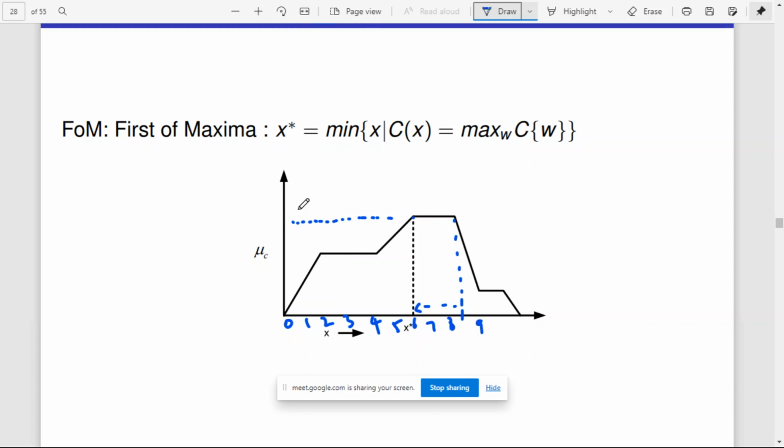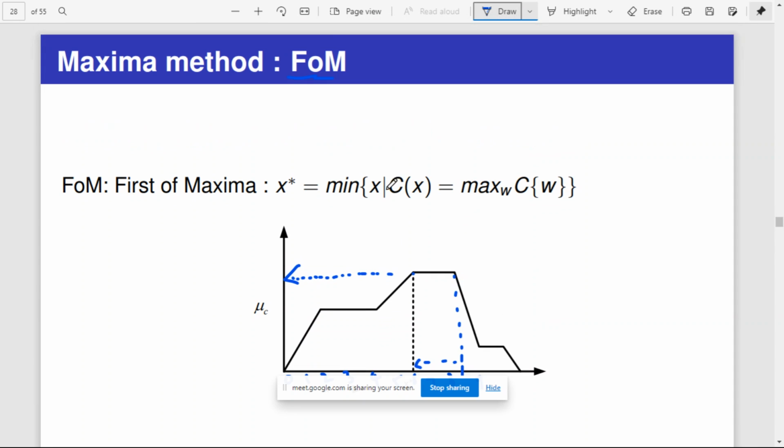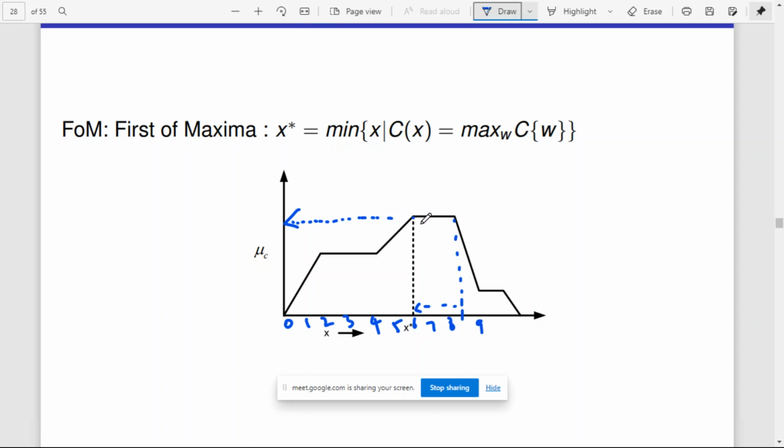Now how will you convert the fuzzy values represented by this membership function to a crisp value? The FOM method says that out of all the values of x which give the highest membership value, you take the first value. The first x which gives the highest membership value is 6.